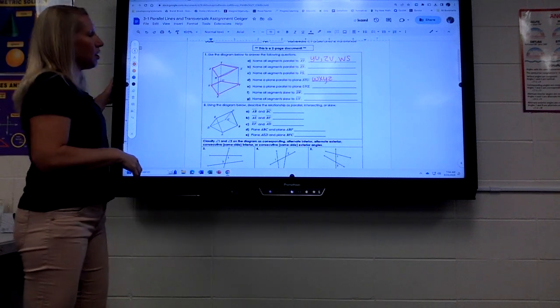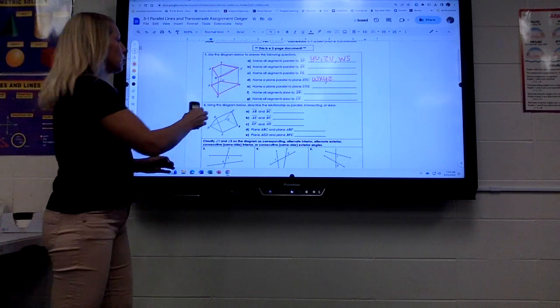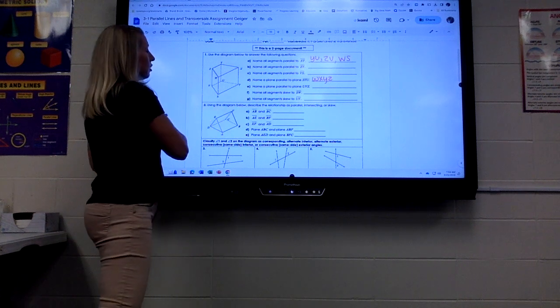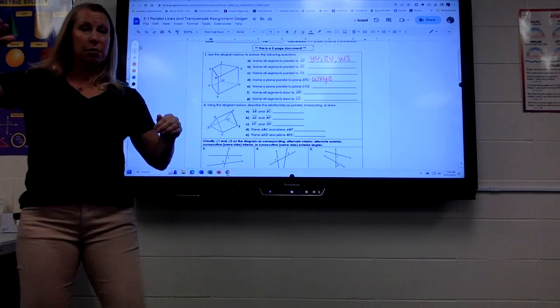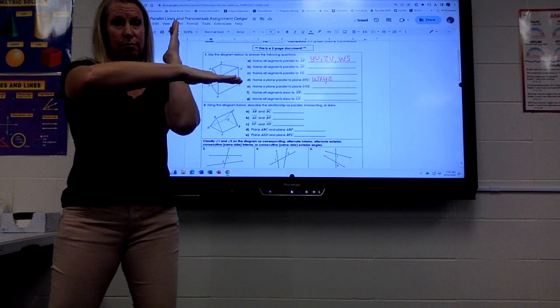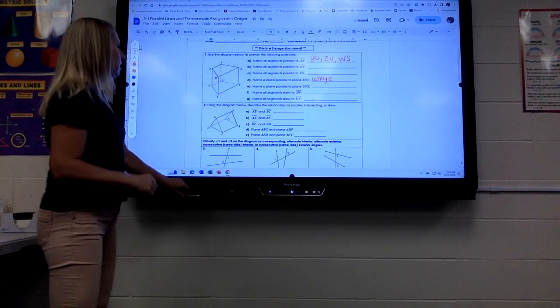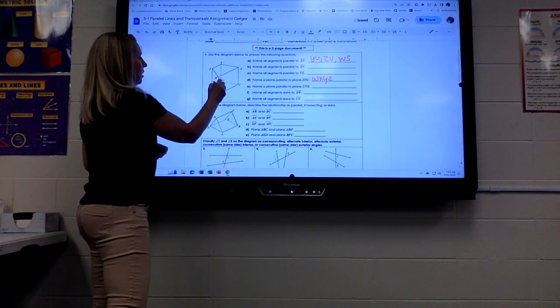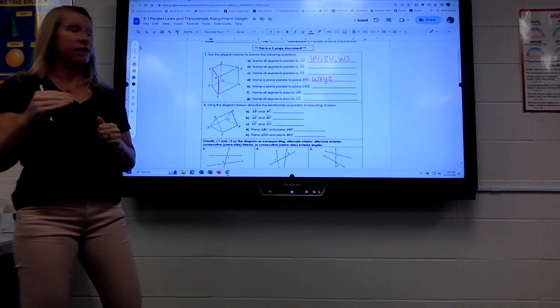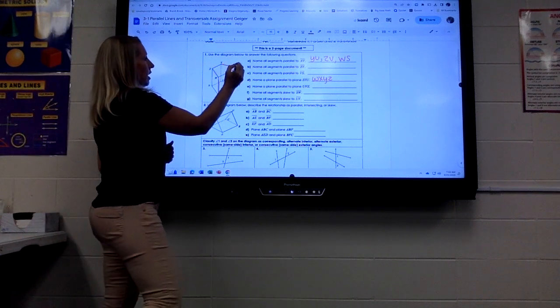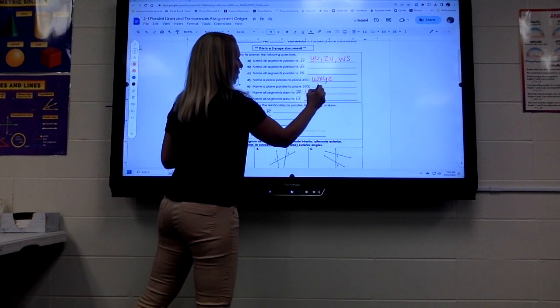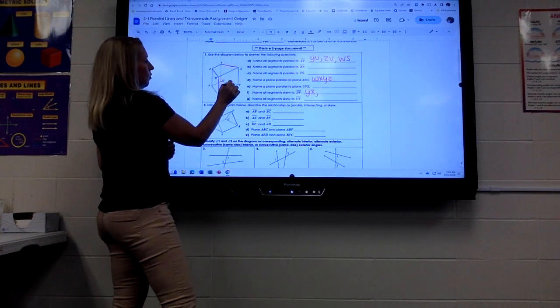For F, we're naming all the segments skew. So skew is in a different direction, different plane, different direction. Okay, so let's look at SW. So if I want a different plane going in a different direction, I could do YX. I could do UT.